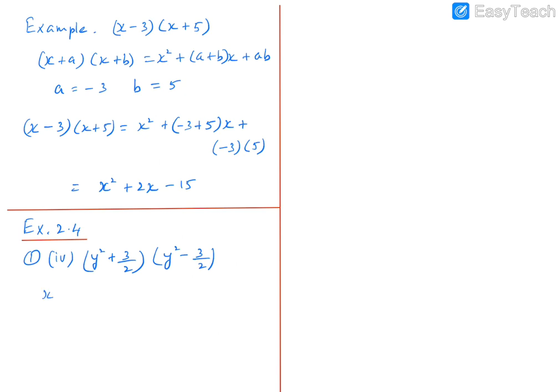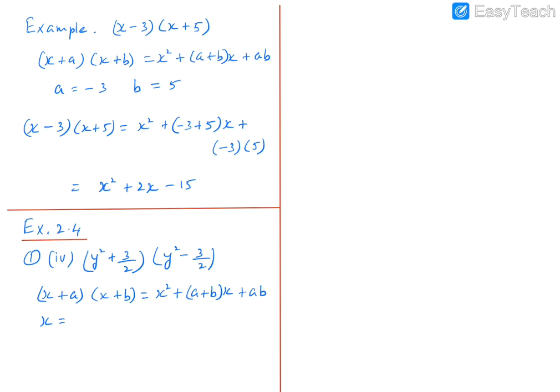It has the form of x plus a into x plus b, which is x square plus a plus b times x plus a into b. The only difference now is this. In place of x, we have y square. So wherever there is x, we have y square, and a is plus 3 by 2 and b is minus 3 by 2.